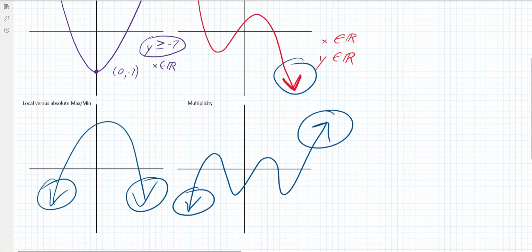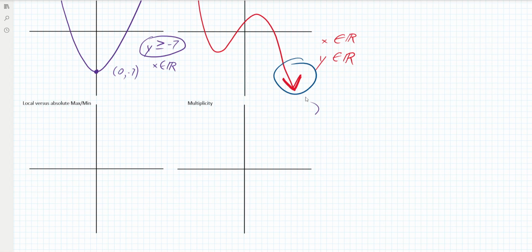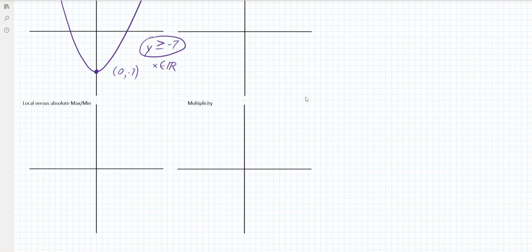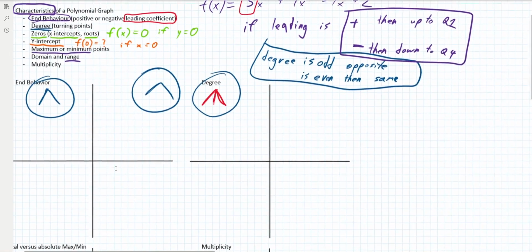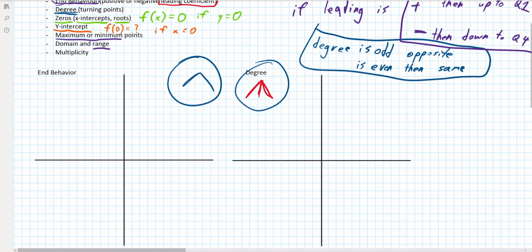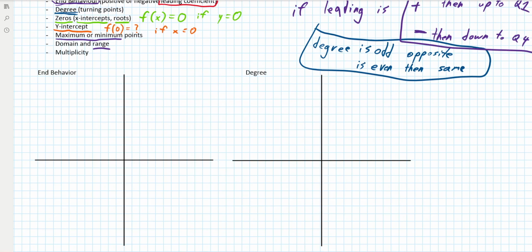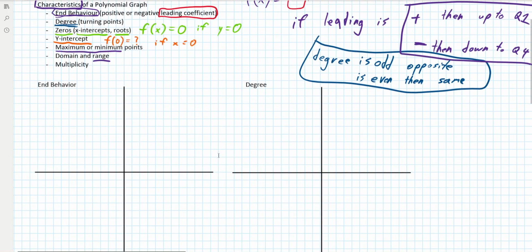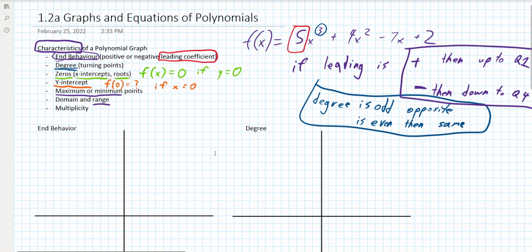Okay, so let's go ahead and just draw a couple things here and test this stuff out a little bit. So first stuff we're going to look at is the end behavior. Okay, without going into too much detail, this question up above is going to be end behavior, which direction?